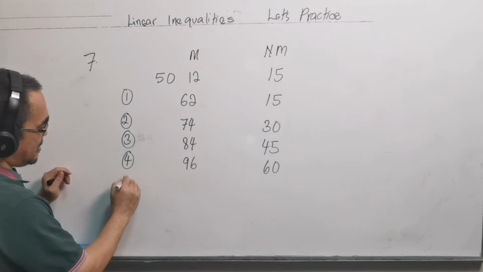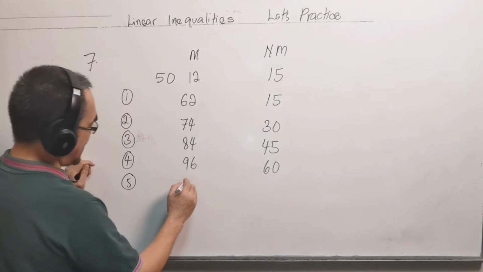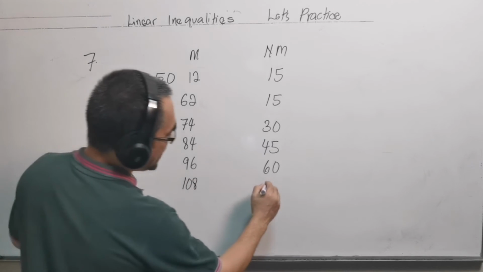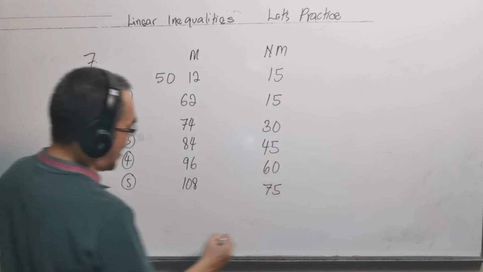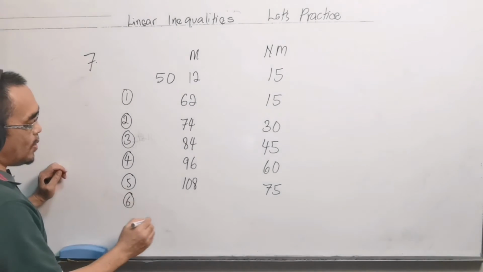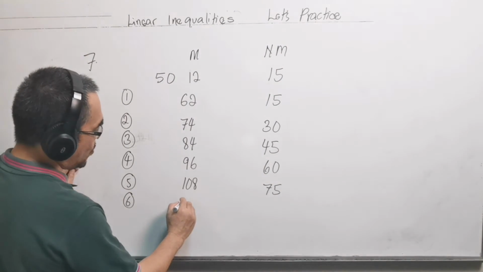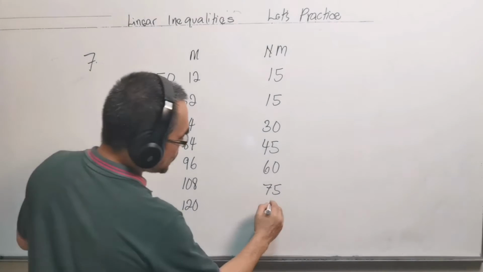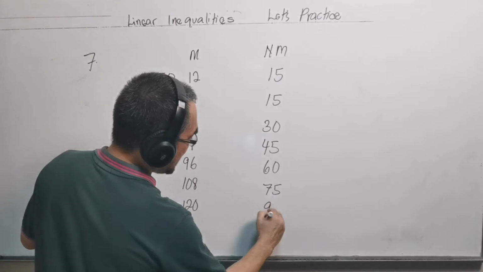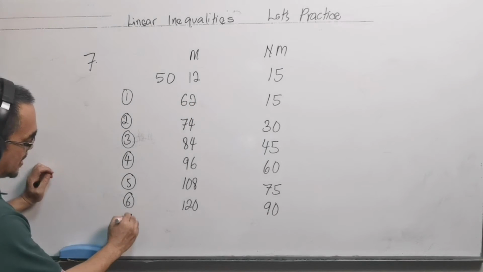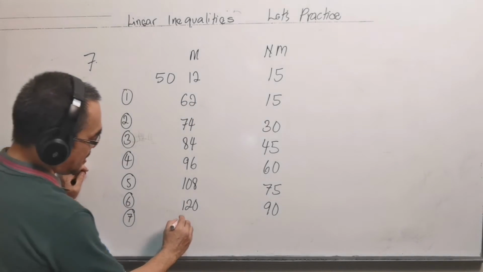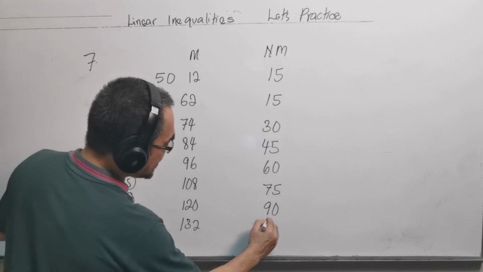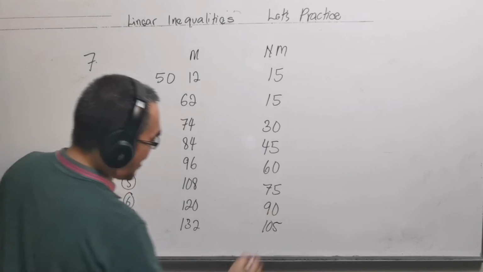For 5 hours, 96 becomes 108, and this becomes 75. Another hour, this is 120, and this becomes 90. Another hour, this is 132, and this becomes 105.